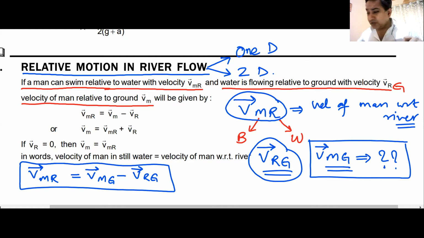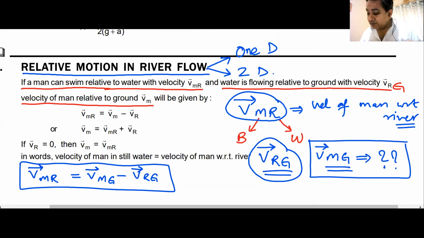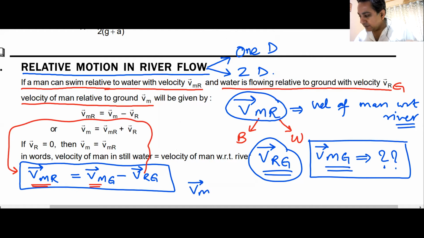Known. Now I can write this equation in a different way. Because here I know this velocity. I have to find this one. So I will take it here and bring it here. So now the equation looks like this. Velocity of man with respect to ground is equal to velocity of man with respect to river plus velocity of river with respect to ground.